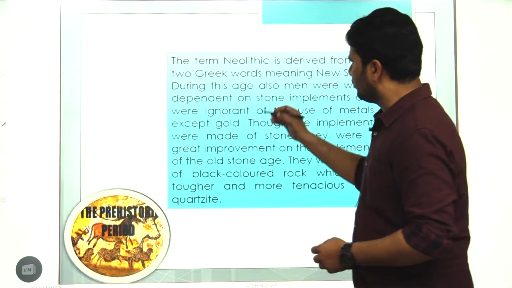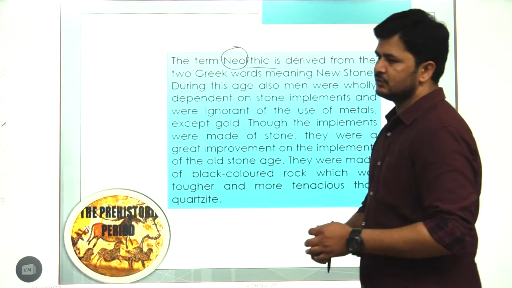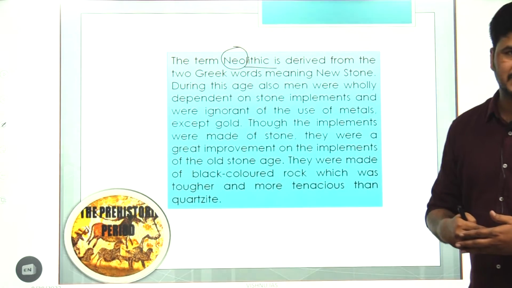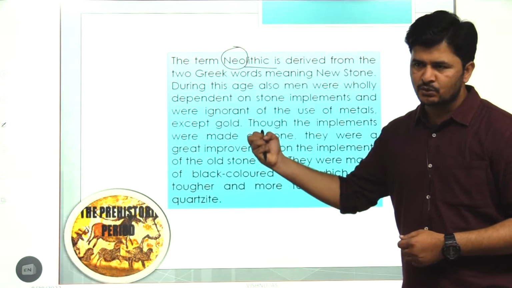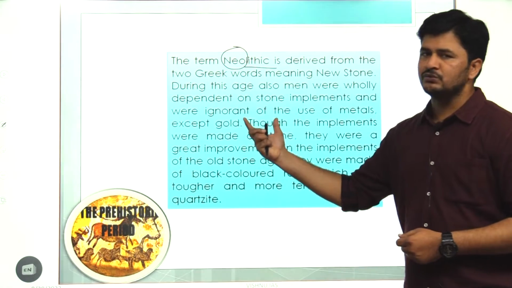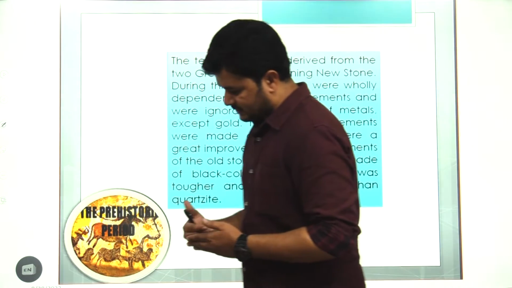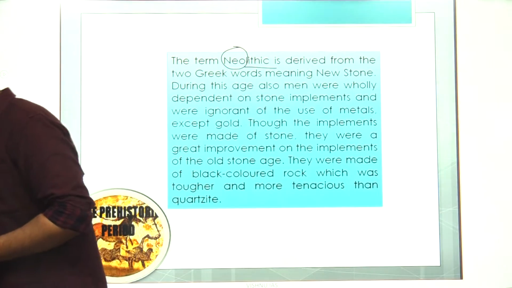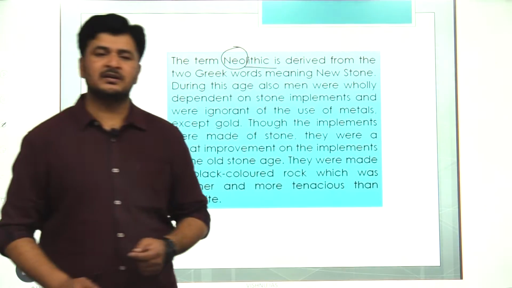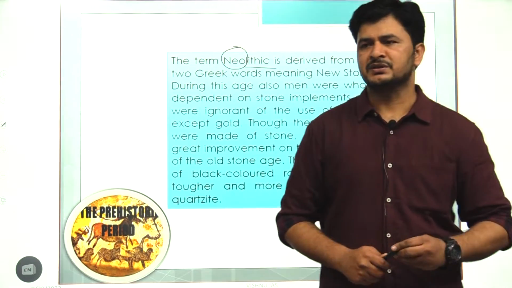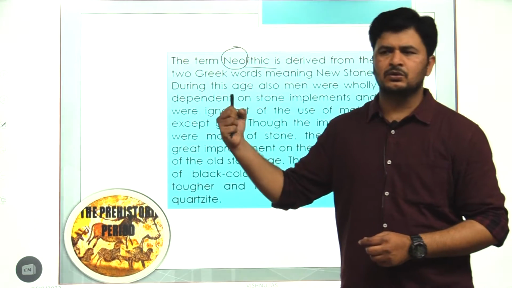So as far as Neolithic is concerned: neo, new; lithic, stone. New Stone Age cultures, old Stone Age cultures, middle Stone Age cultures, now new Stone Age cultures. We have learnt in the previous session, prehistoric cultures were classified not on the basis of chronology but on the basis of tool making technology. Paleolithic tools, primitive in nature, rude in nature.